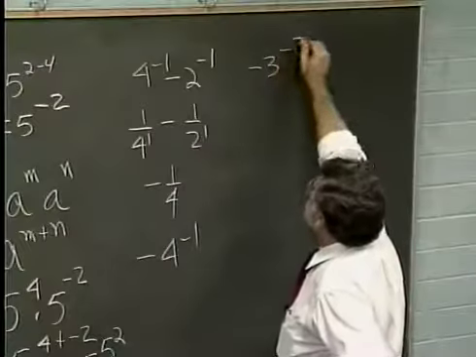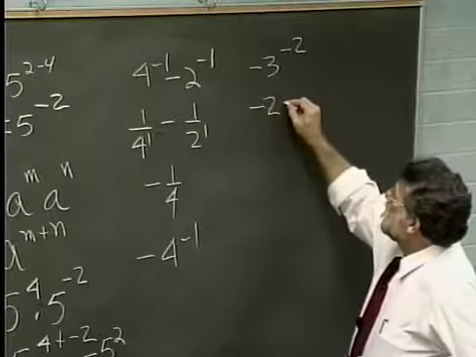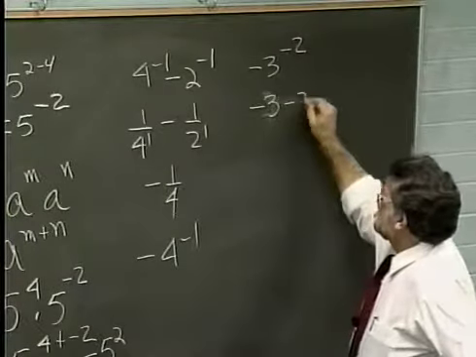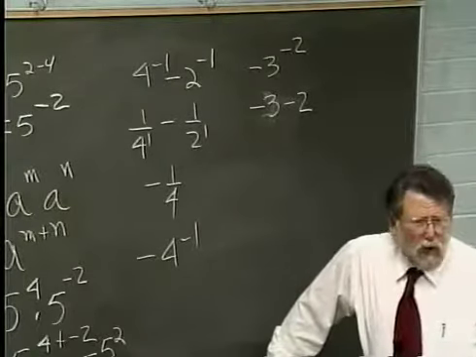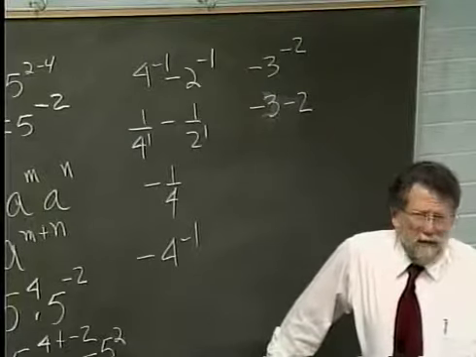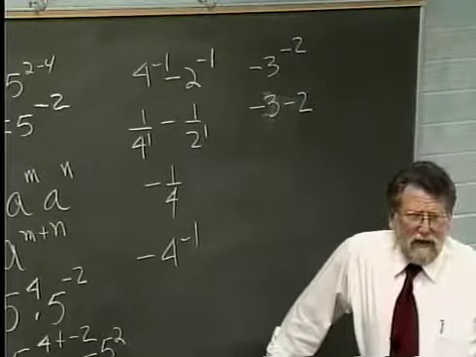Minus 3 to the minus 2. What happens if you get sloppy and do this? You have no idea what is meant for sure. One possibility is negative 5, but maybe somebody left a dot out and they really wanted positive 6.